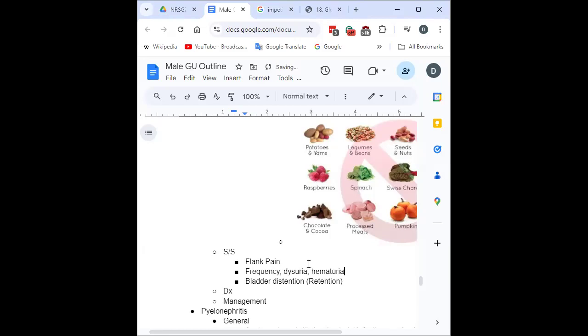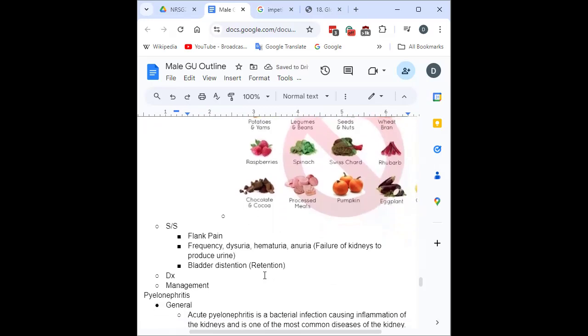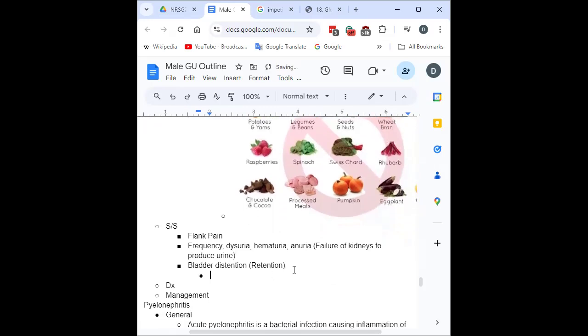You might have some blood because of that. Anuria, meaning failure of the kidneys to produce urine. You always want to think about your blood. The renal colic is kind of like the flank pain, so it's specifically pain in the back, in the lower ribs and hips.